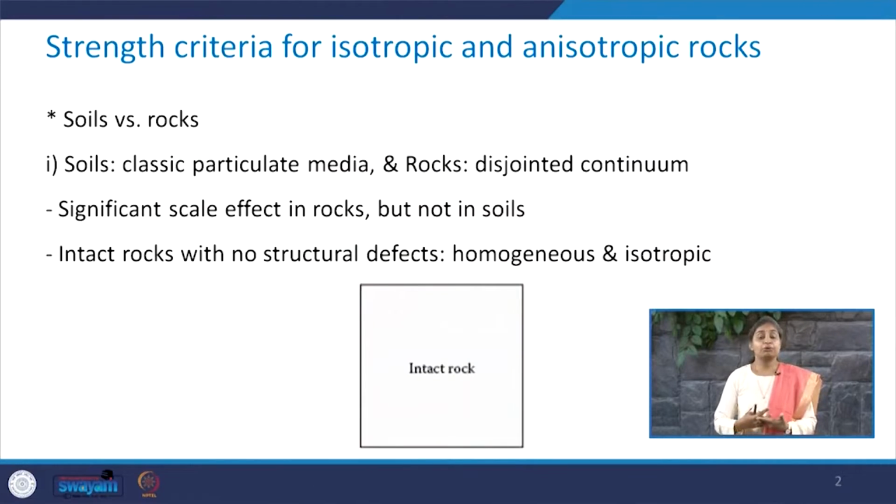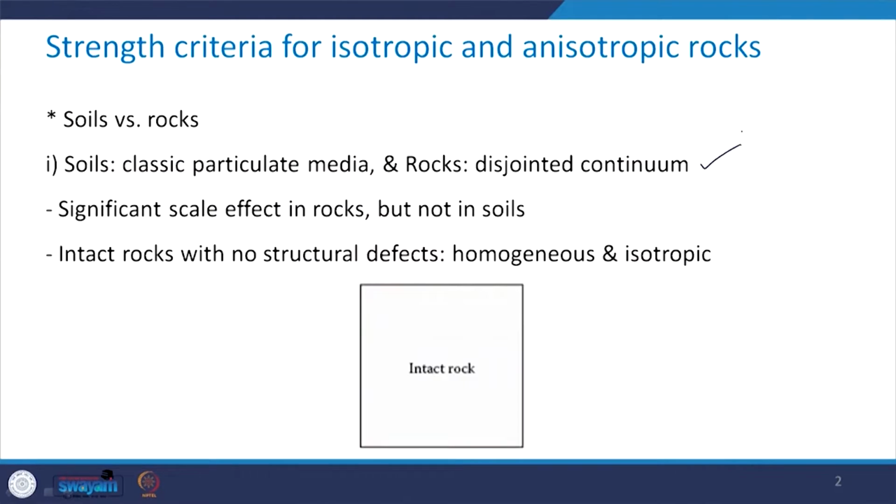Soils are the classic particulate media. You know that these are three-phase systems, and in case of the rocks it is a disjointed continuum. You have seen that we have intact rocks as well as the joints in a rock mass. So, basically these are modeled as disjointed continuum.